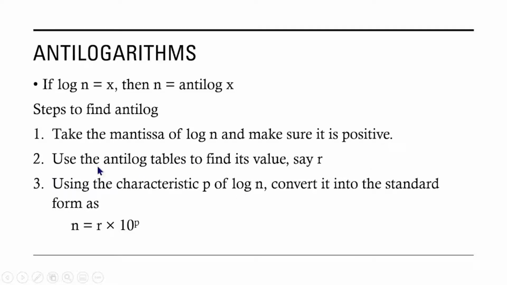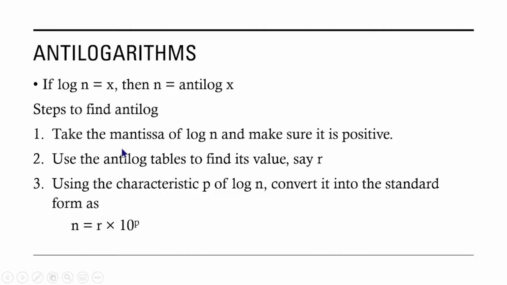Then we have to use the antilog tables to find the value of this mantissa. After using the antilog table, if the value is r, then using the characteristic p of log n, we convert it into the standard form as n is equal to r into 10 raised to p.